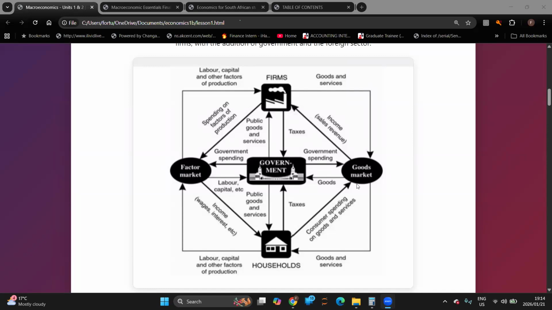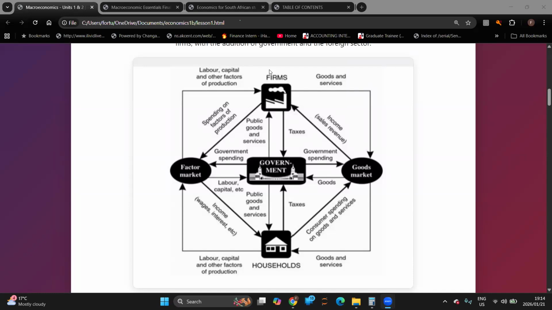And as the firms are supplying the goods and services, the goods market is then formed as a result of that. And in the process, the same market forces are also in existence in order to enable elements like pricing, etc., to exist within this particular market.